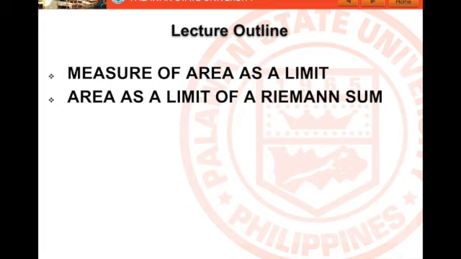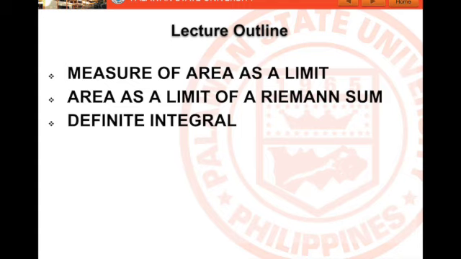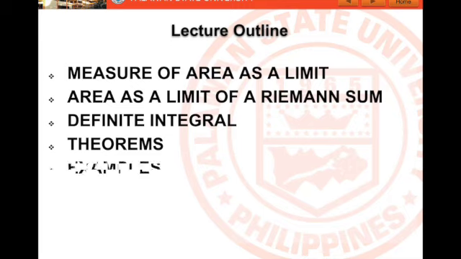So later on we will define what the Riemann sum is, and eventually this will lead us to the definition of our definite integral. We'll also present some theorems for the definite integral as well as some examples. So now let's begin.